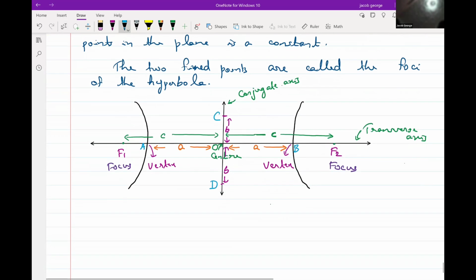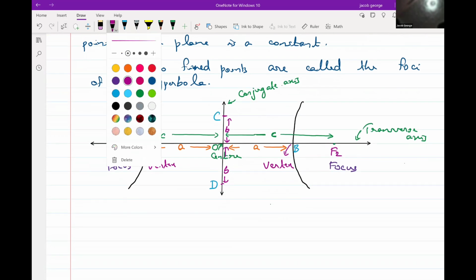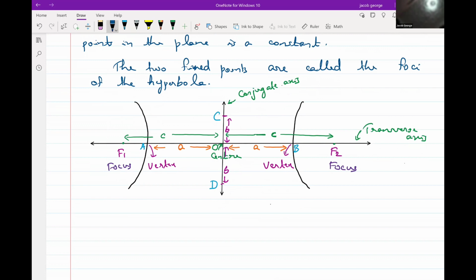Okay, so these two points we write, then we write the relation connecting A, B, C of hyperbola. Length of transverse axis is 2a.